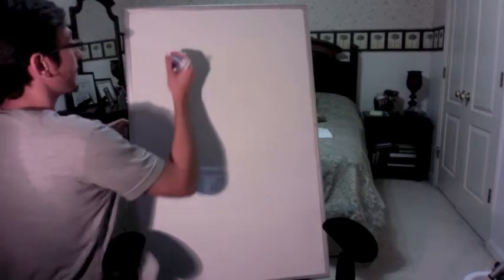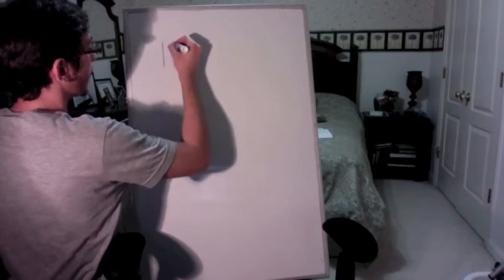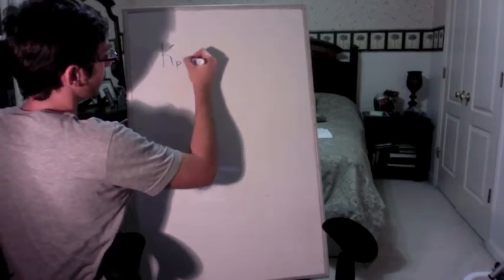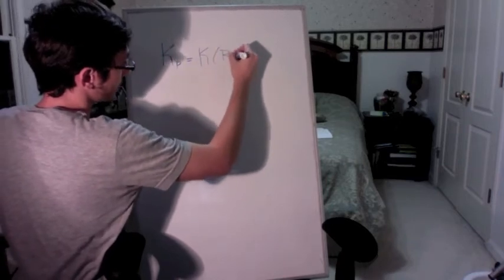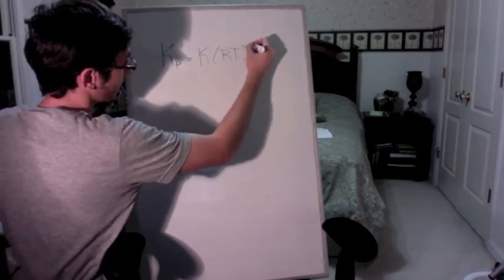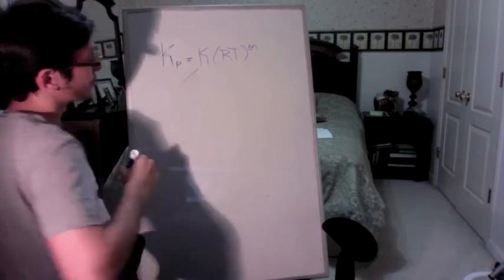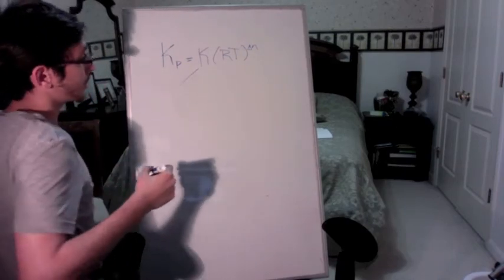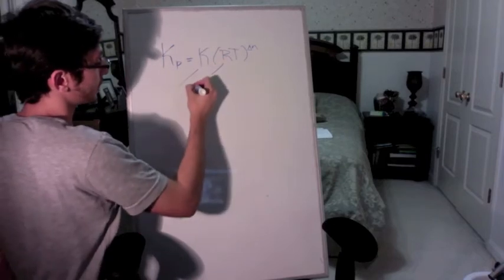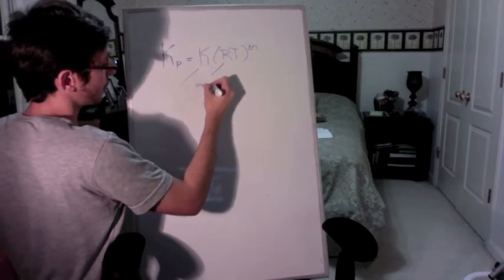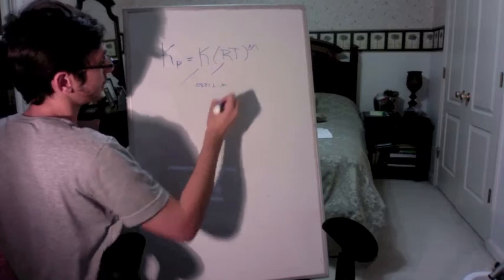Just real quick, I want to mention gas phase reactions. In that case, we have a Kp value. Kp equals K times RT to the power of delta n. K is the equilibrium constant using molar concentrations like we were just doing. R is the universal gas constant, 0.0821 liter atmospheres.